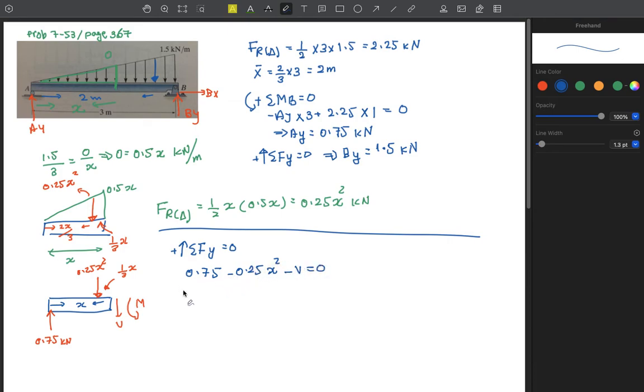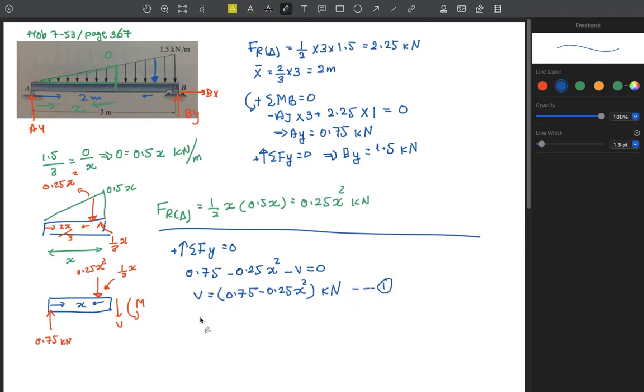Okay, so equation for shear now would be 0.75 minus 0.25 x squared. And remember always to write down your units. Units everywhere, in every course, whatever you take, you should always write down your units, kilonewtons. Now that's it. This is equation number 1.